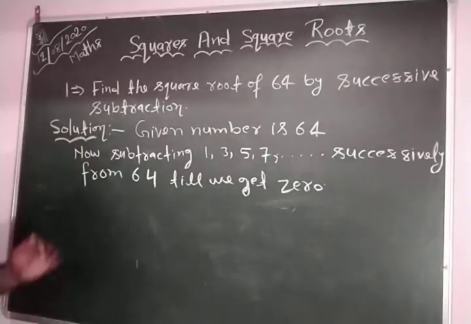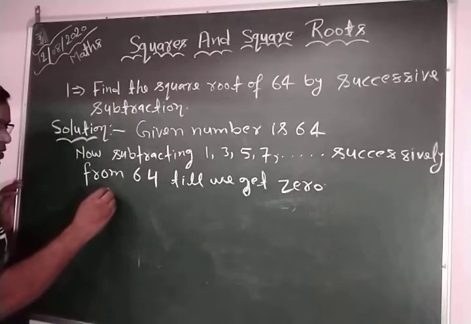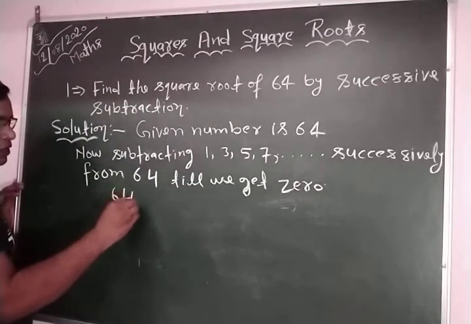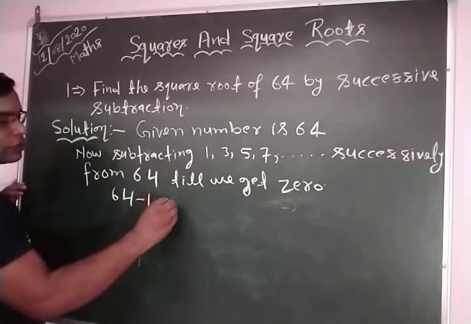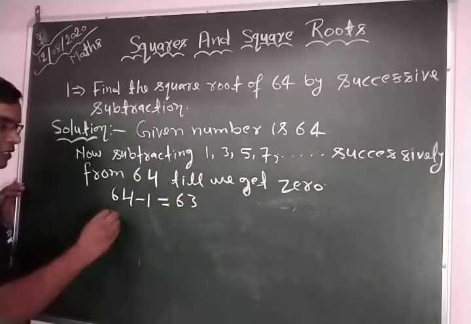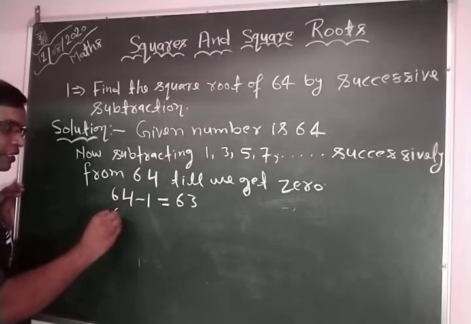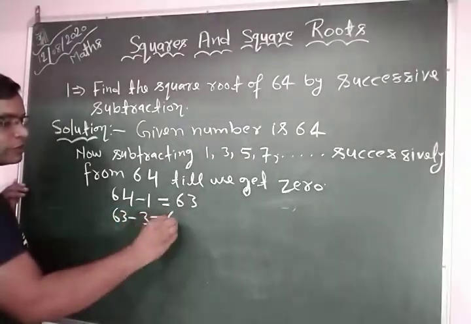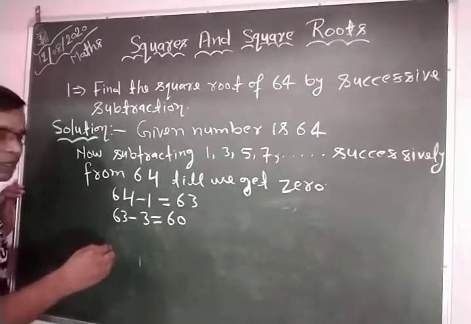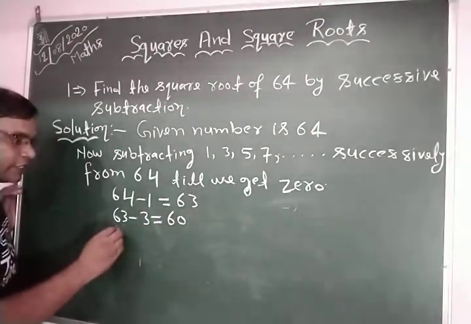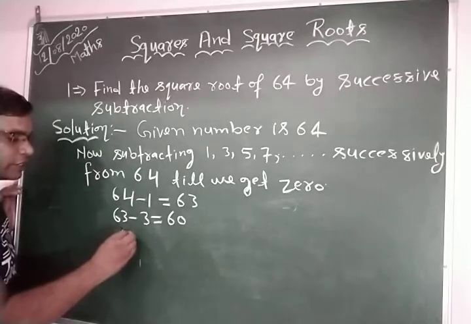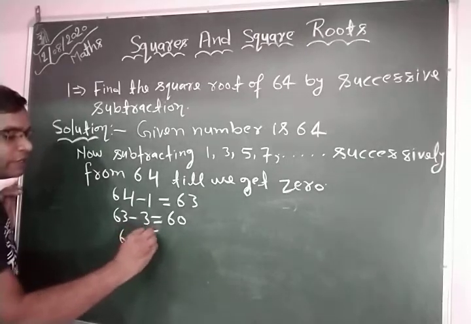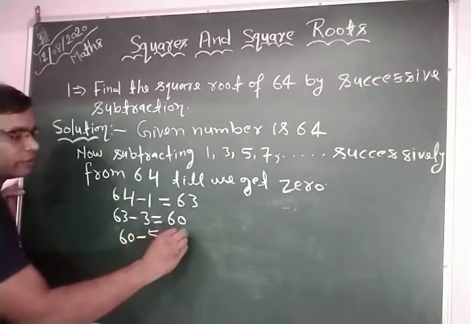Let's see. In the first step, 64 minus 1 is equal to 63. Second step, 63 minus the next odd number, 3, is equal to 60. Third step, 60 minus 5 is equal to 55.